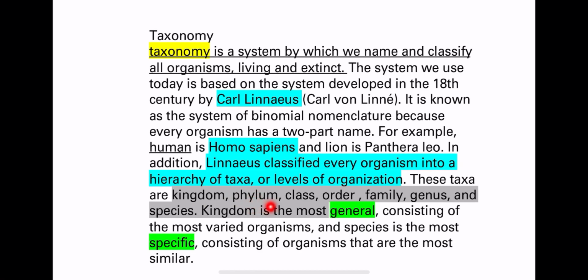One phylum is divided into classes. Class is divided into orders. Order is divided into families. Family is divided into genera. And one genus is divided into many species. So the kingdom is the most general. What's the most specific? The most specific is the species.